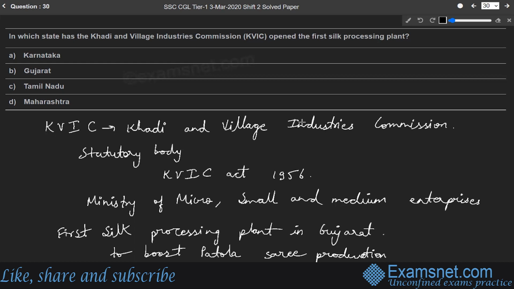So for this question, the correct answer is Gujarat. That is, KVIC opened the first silk processing plant in the state of Gujarat to boost patola sari production. So the correct option here is option B, Gujarat. I hope you are clear with this question.